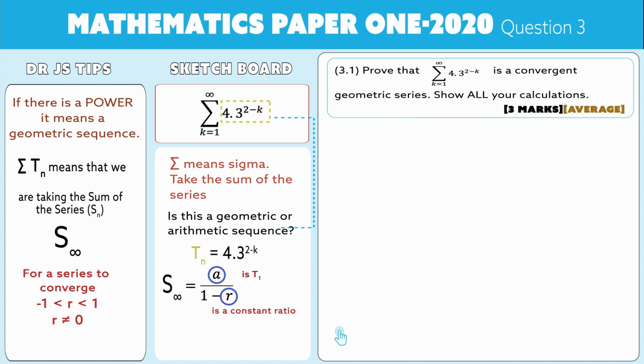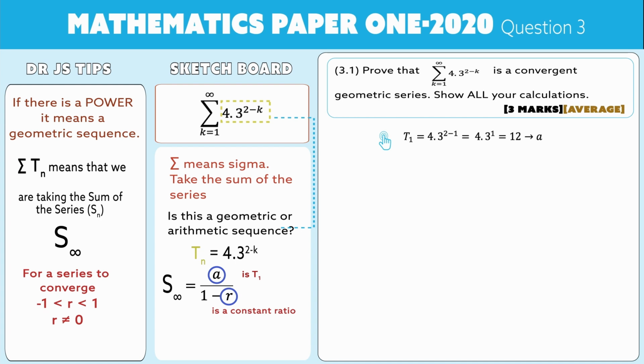So for term 1, we're going to make k equal to 1. So we get 4 multiplied by 3 to the 2 minus 1. Now that gives us 4 times 3 to the 1. 2 minus 1 is 1, so our first term is 12. We have our value for a.